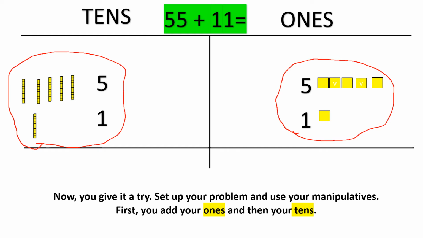Great job. 5 plus 1 is 6, and 5 plus 1 is 6. 55 plus 11 equals 66. The number 66 has 6 tens and 6 ones.